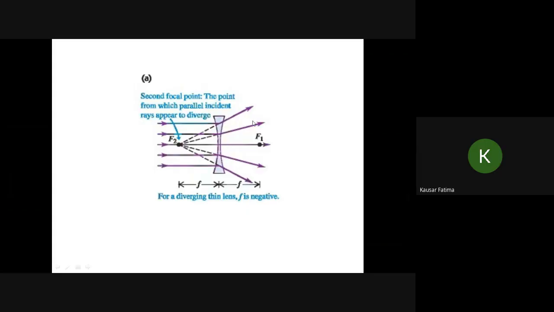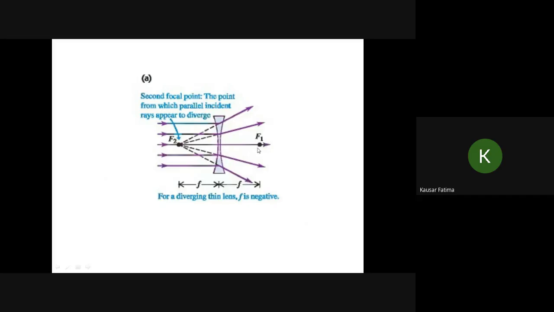The ray striking the center goes straight, and the other rays diverge in these directions. When we produce these lines backward, they appear to originate from f2. They are not actually coming from this point, they just appear to be, which is why these are virtual principal foci, one on this side and the other on this side.